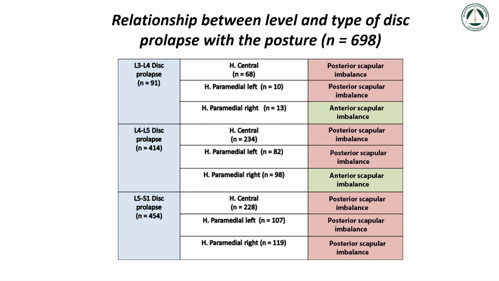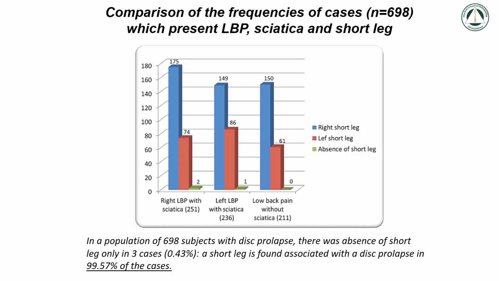The statistical relationship between levels of lumbar disc herniations and postural imbalance in 698 patients demonstrates that posterior scapular imbalance is the most frequent in case of lumbar disc herniation. In this population of 698 patients with lumbar disc prolapse, low back pain and sciatica, there was absence of short leg only in 3 cases, 0.43%.